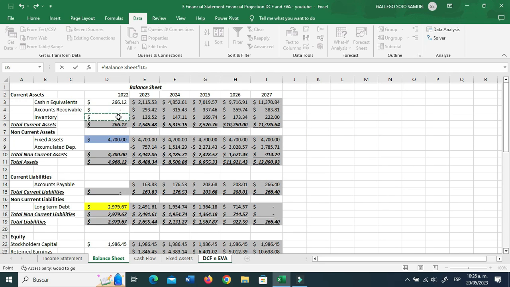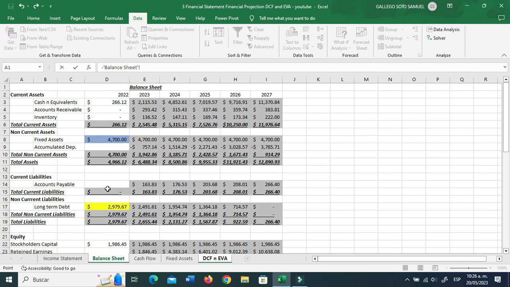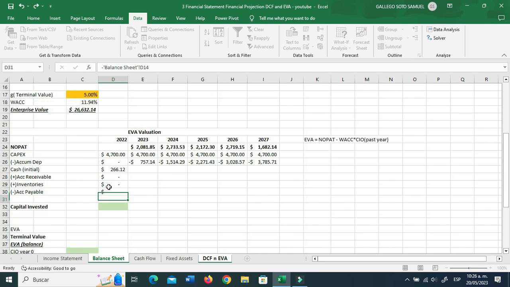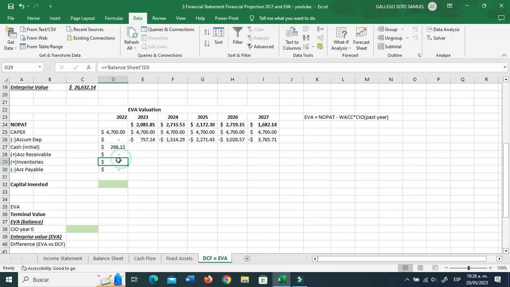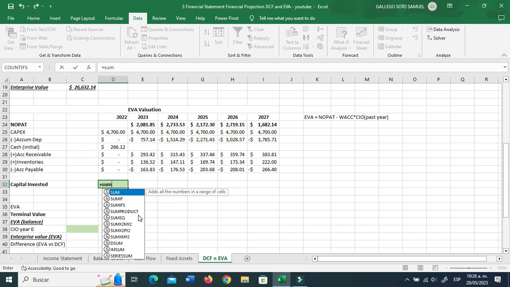Yeah, and then your accounts receivable, I'm just going to link that with the positive number over here from my balance sheet. Now your inventories, same goes for the inventories, and minus your accounts payable. Can you see what the differences are from here, right?